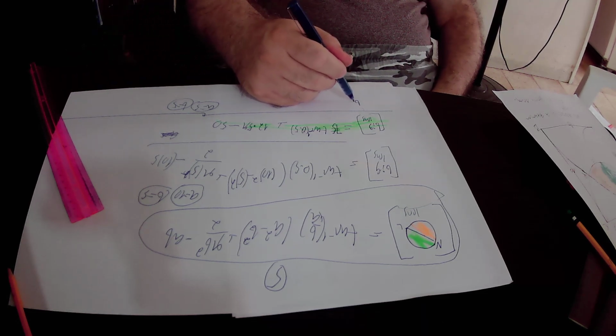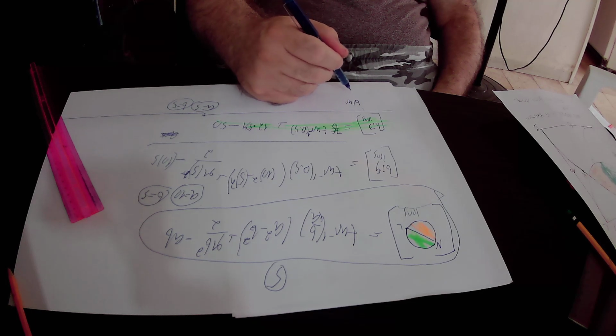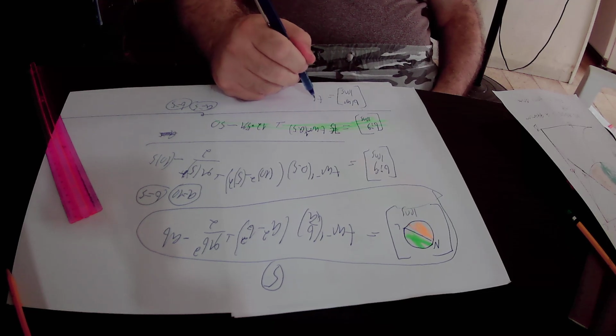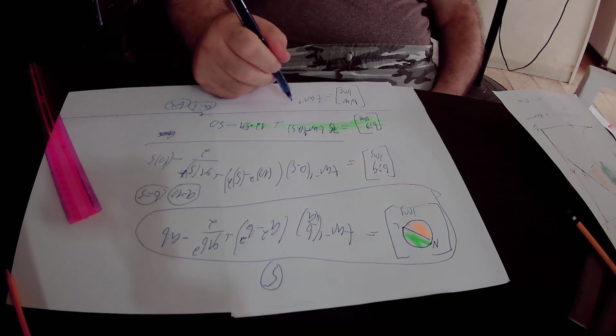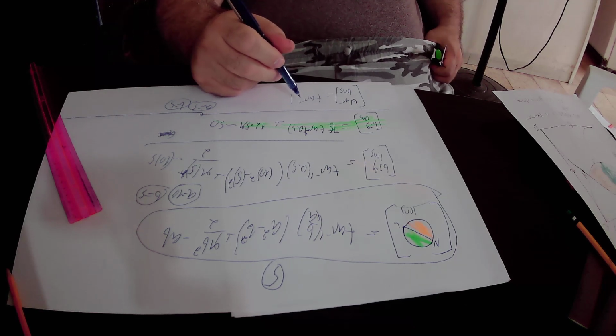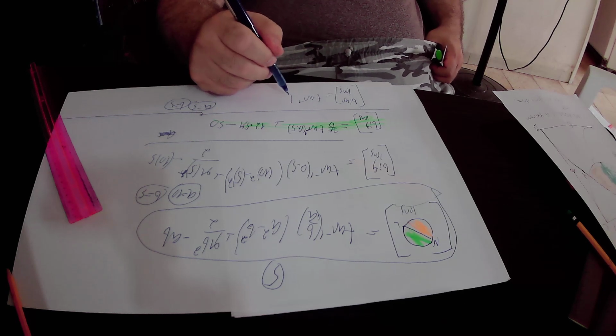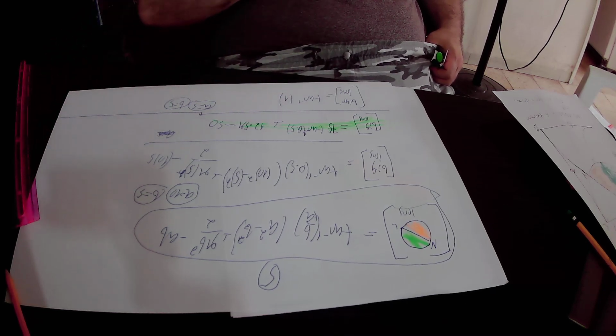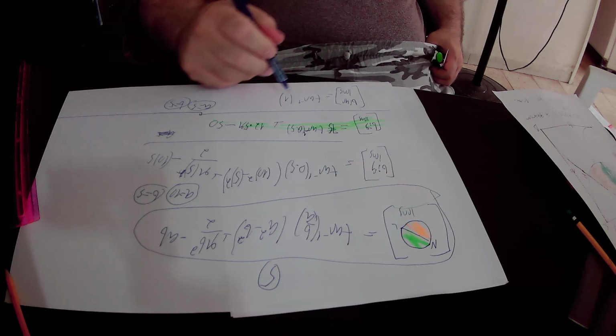So the area of the blue lens will be equal to tangent minus 1 of B over A. B is 5 and A is 5. 5 over 5 is 1. So it is tangent minus 1 of 1 times A square.